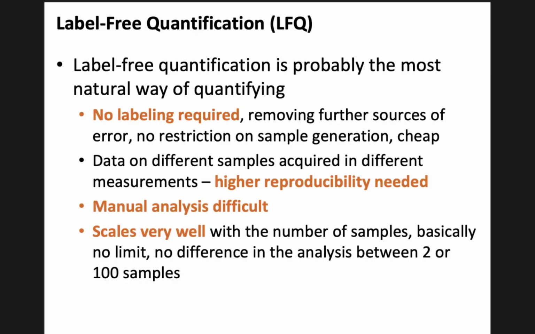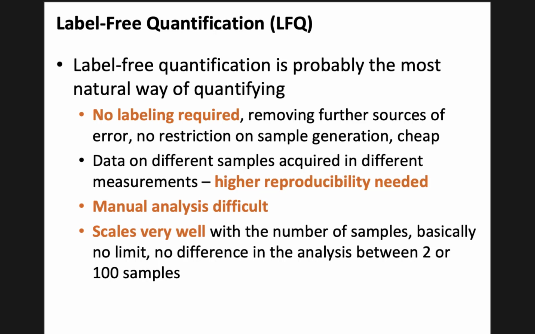What we will discuss here is another way, that is label-free quantification, that to me, at least, is the most natural way of quantifying. You don't introduce a label. You remove further sources of error, because you don't have to do the derivatization of the peptides. But the data needs to be acquired on different runs.